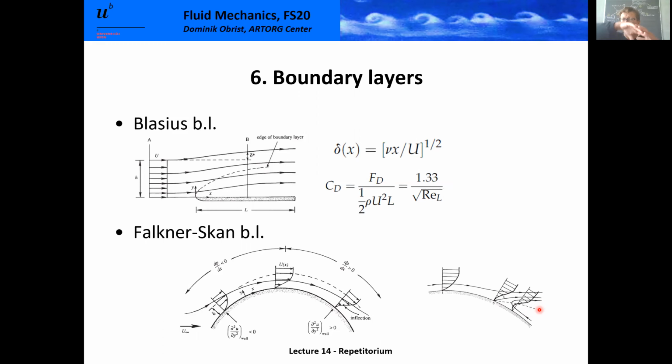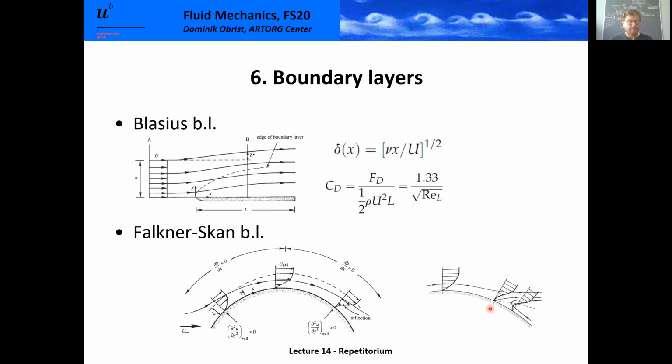Or sometimes, if it's closing again, people talk of a separation bubble, where we have flow going in the upstream direction close to the wall. And that one point where the gradient is zero, or the wall shear stress is zero, is one particular point. It's called the separation point, usually marked by an S.